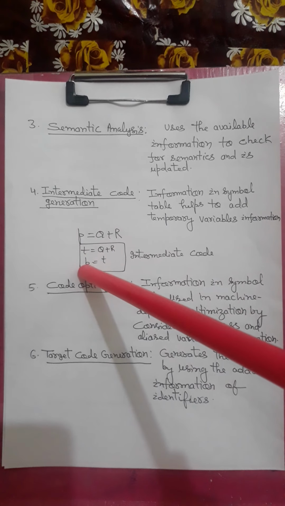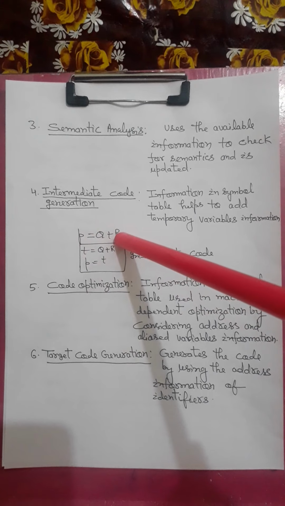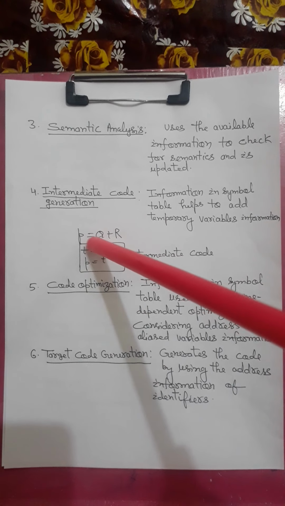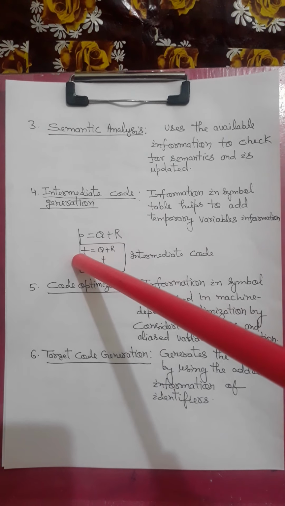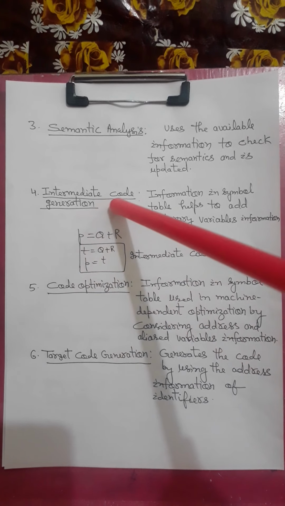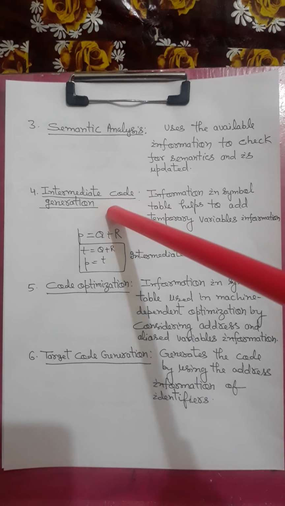The type of t will be decided by the types of q and r. So the compiler will fetch the type of q and the type of r from the symbol table, that type will be assigned to t, and t will be assigned to p. So this is the use of symbol table information in intermediate code generation.